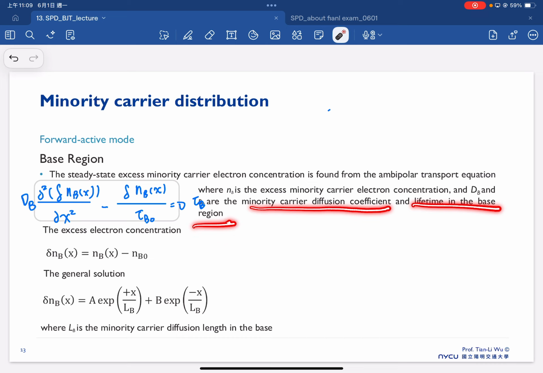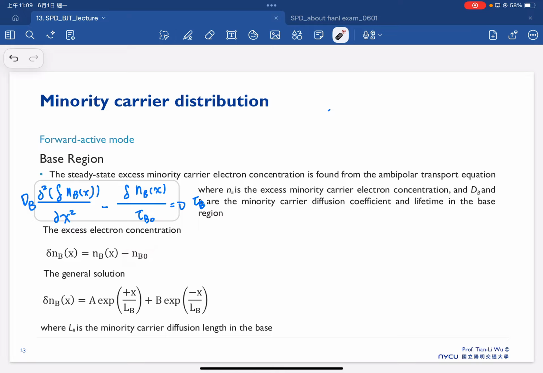First of all, we look at the excess minority carrier concentration in the base region. The excess electron concentration in the base region can be calculated as shown here. We have delta NB(x) equal to NB(x) minus the equilibrium NB0.